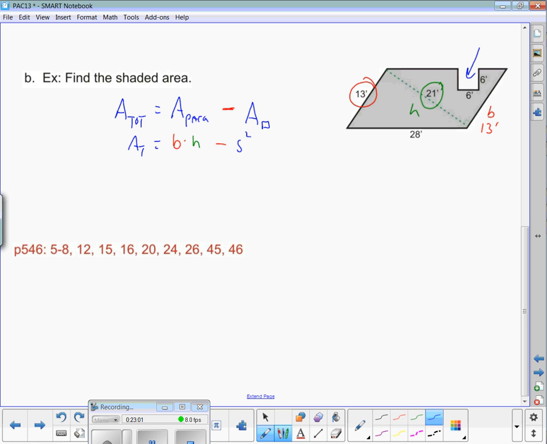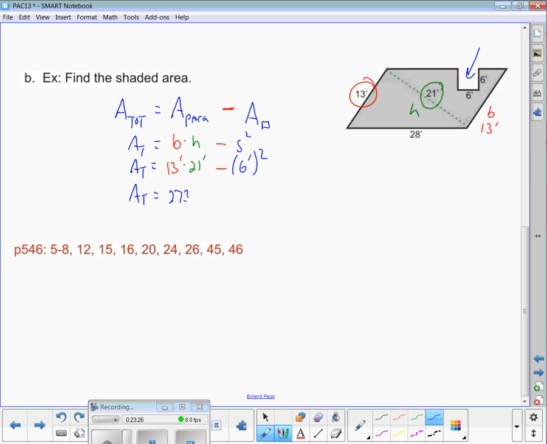Now it's just substitution. Area total equals 13 feet times a height, 21 feet, minus, what are our sides? 6 feet squared. Calculator. So our total area, take your calculator, what's 13 times 21?